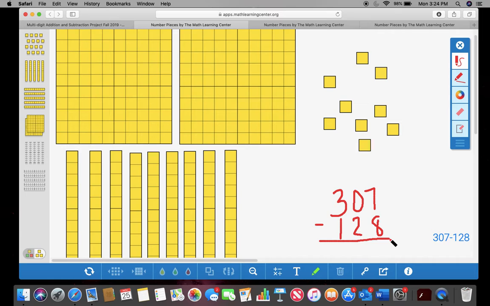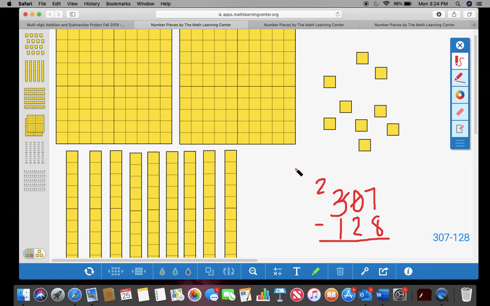Okay, so what we've done is we have taken a 10 rod from a flat. We broke the 3 flats, or one of the flats, into rods, and then we have 2 flats left right here. So we'll make this 3 a 2, since we have 2 flats left.